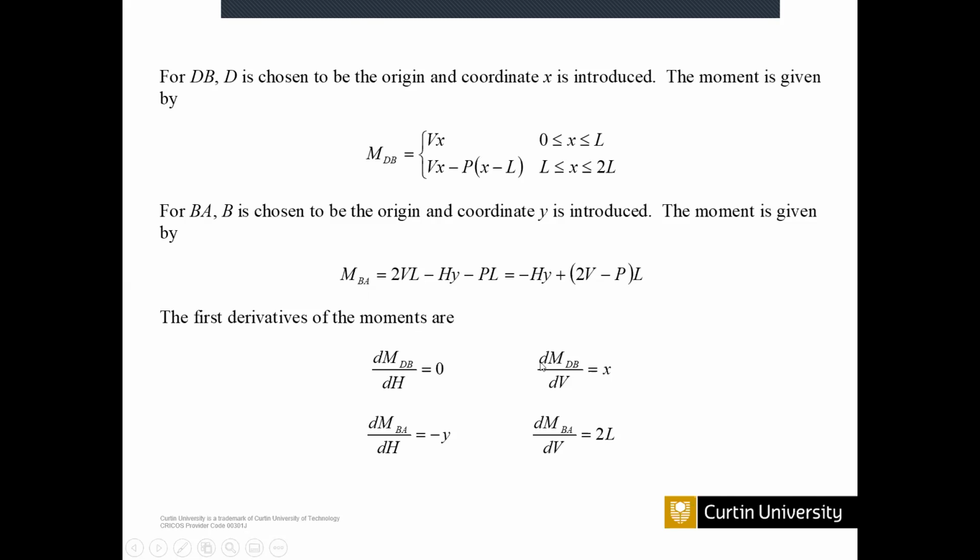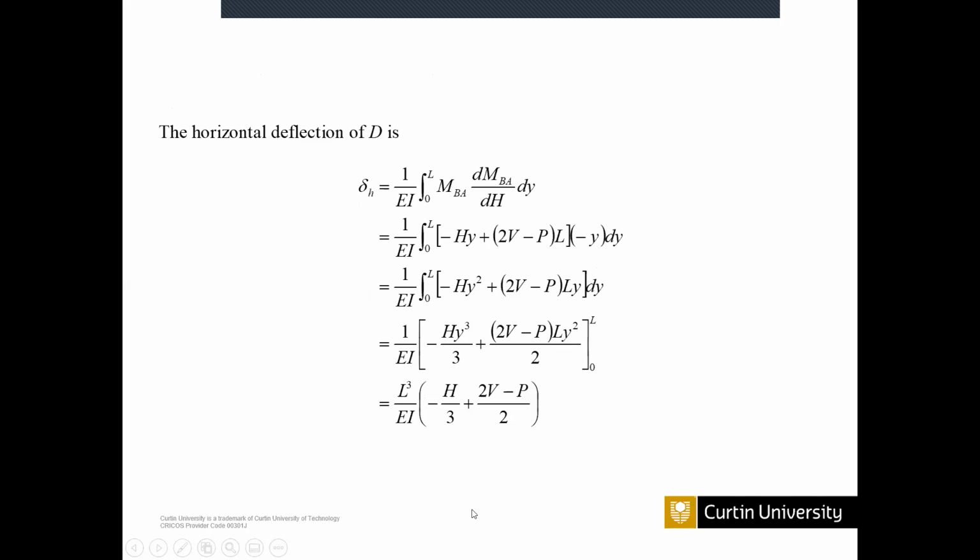Now we have all the first derivatives with respect to H and V. Then the horizontal deflection at point D is found using the BA section separately and the DB section separately, and getting the summation. Then substitute here and end up somewhere here.